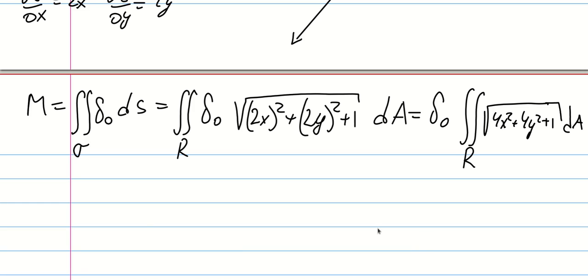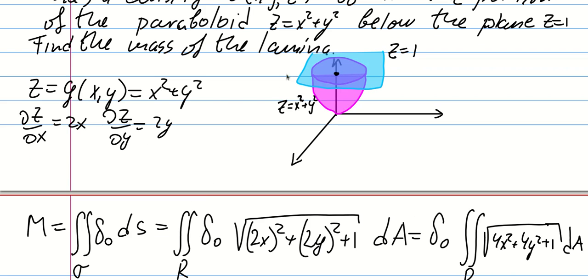Now we need to figure out the region. So let's look at the region. If we look from the top, we just have to trace this circle over here. All right, and then that means on the bottom we have a circle of this radius over here.